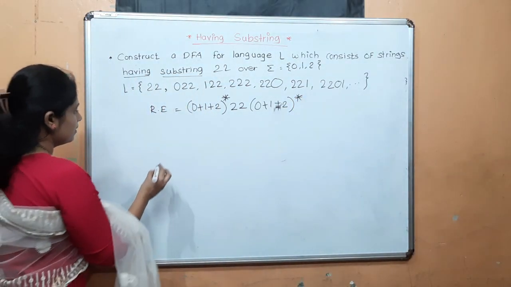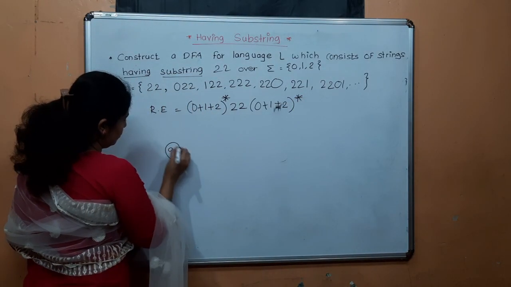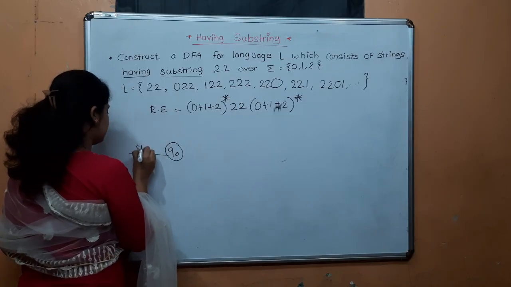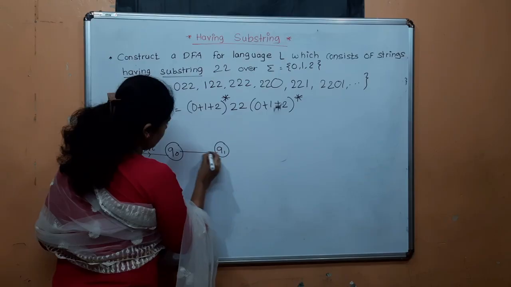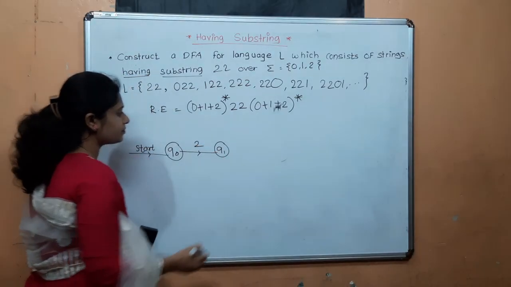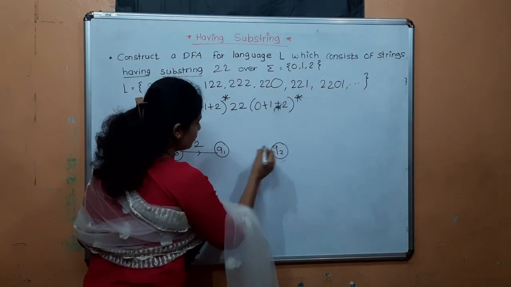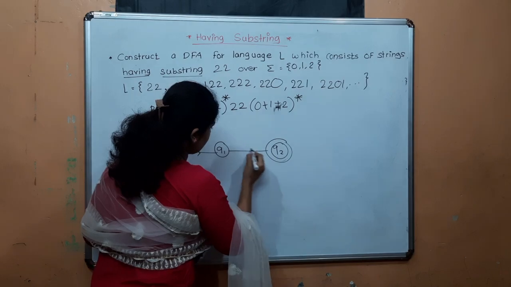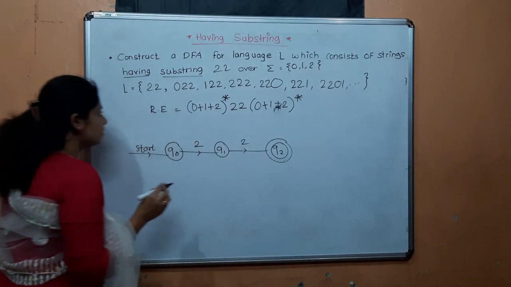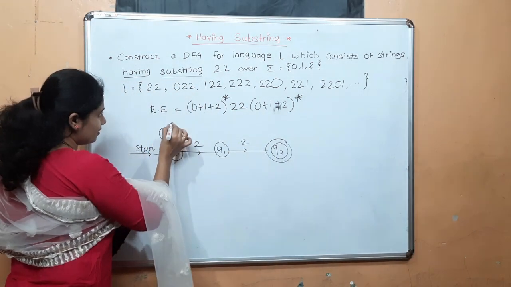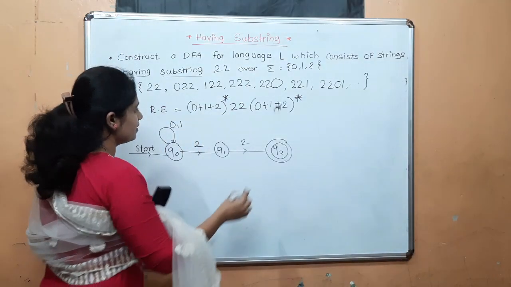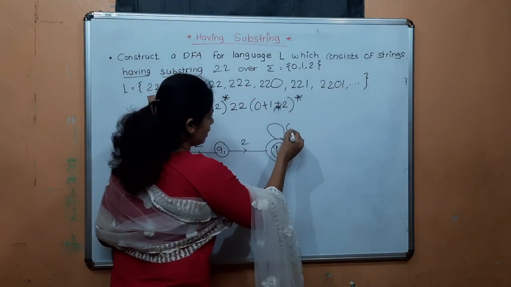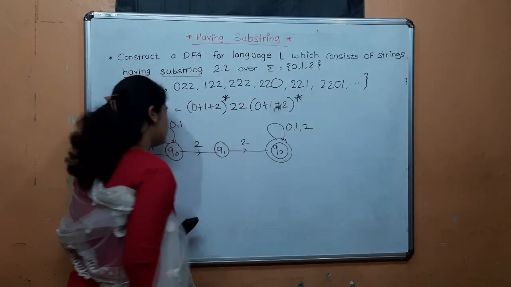Now see here, Q0 is the initial state, that is start, then Q1 on 2 and Q2 on 2. It can start with either 0 or 1 or 2. 2 is already given. Next, it can end with either 0 or 1 or 2.